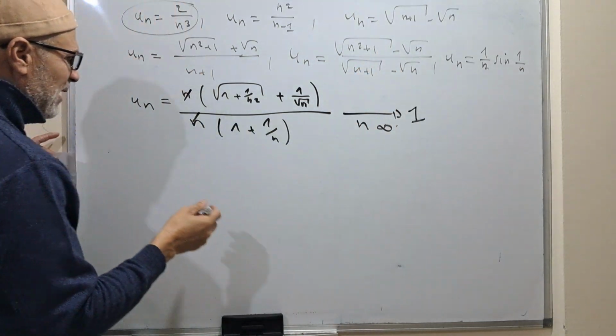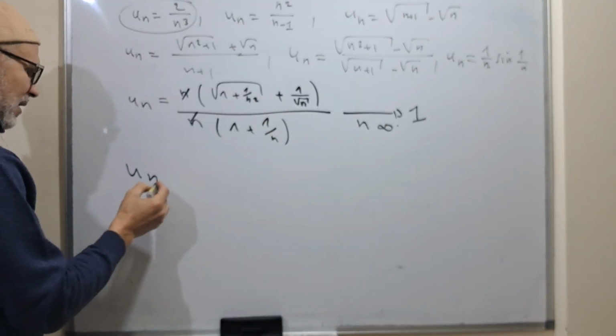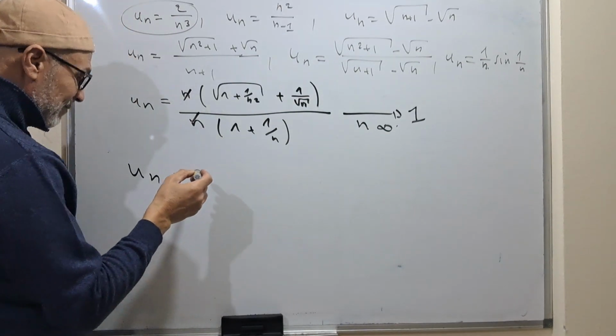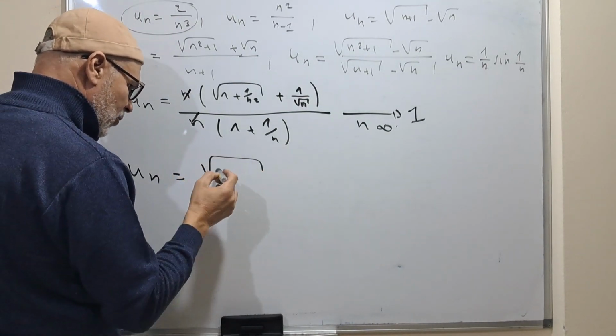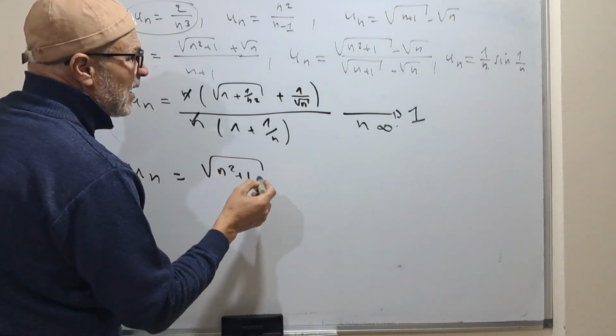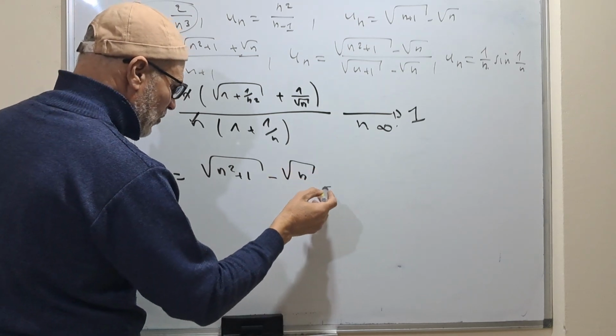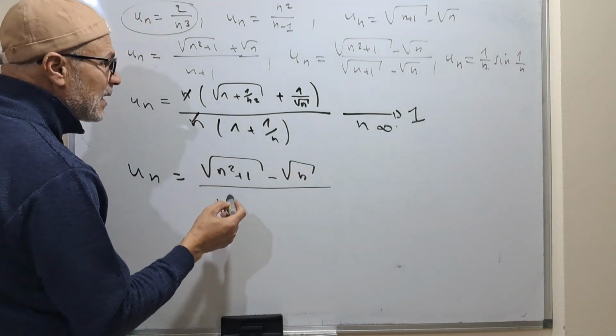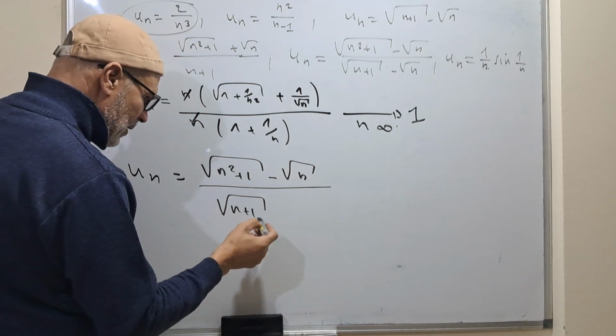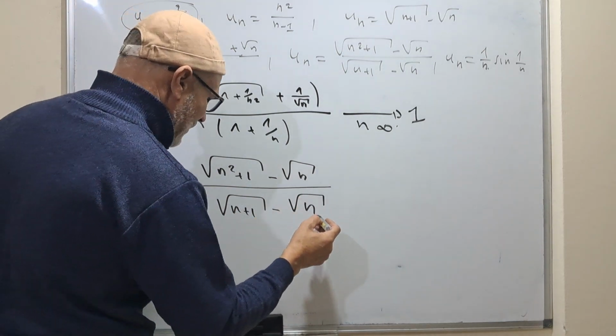How about this one? un equal to the square root of n square plus 1 minus the square root of n over the square root of n plus 1 minus the square root of n.